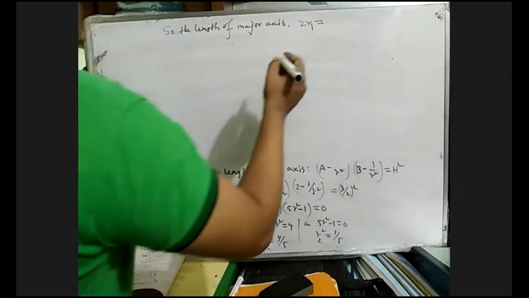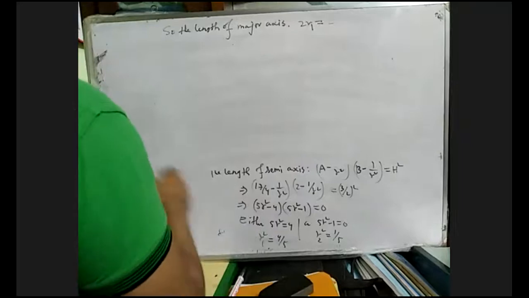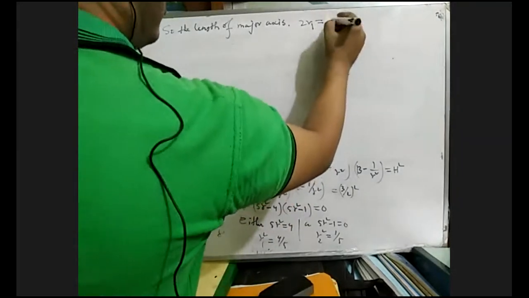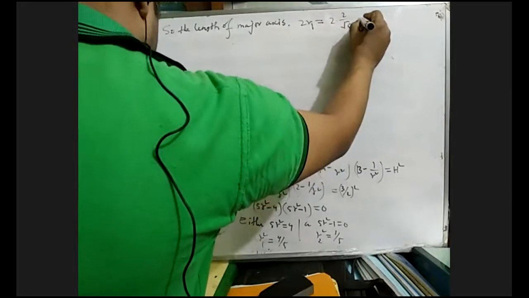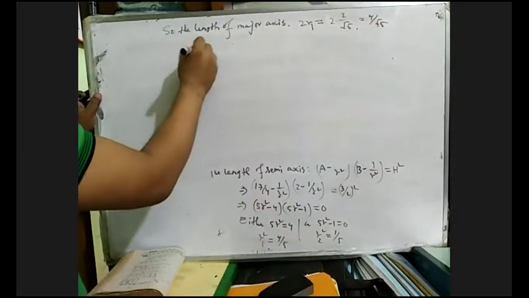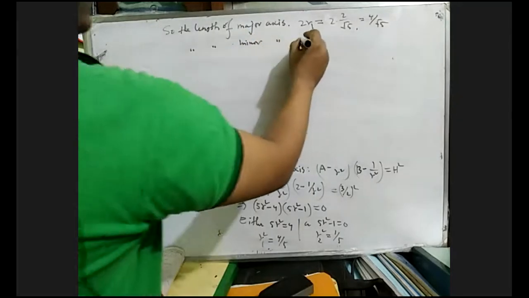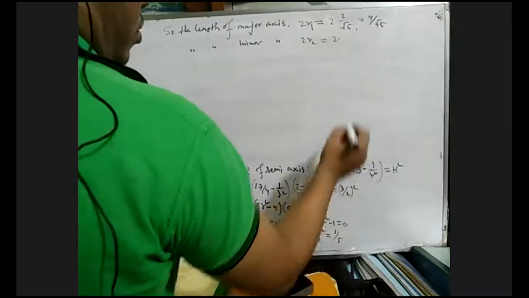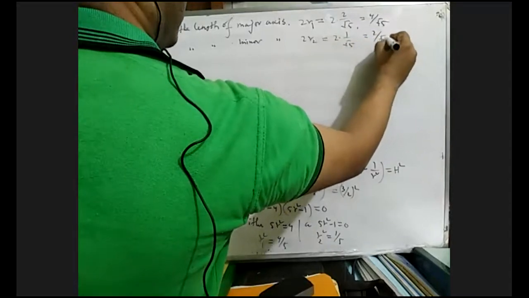So 2 into 2 by root over 5 equals 4 by root over 5. And the length of the minor axis, 2 R2, will be 2 into 1 by root over 5. So this is the length.